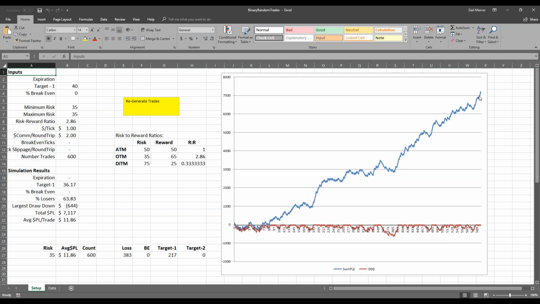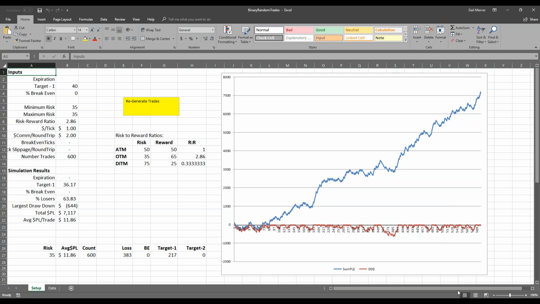Now, what's hard about this strategy? The number of losses that you'll have to take. It damages your mentality for trading. It damages your confidence level if you're taking a lot of losses.